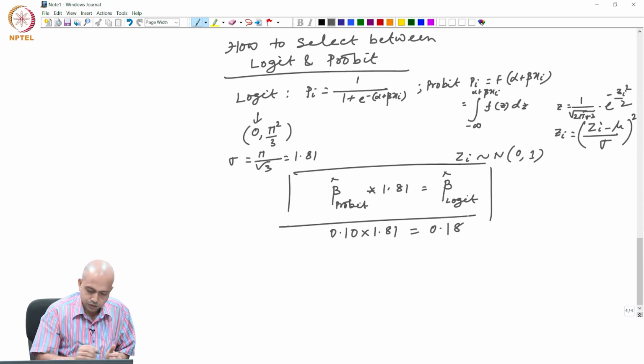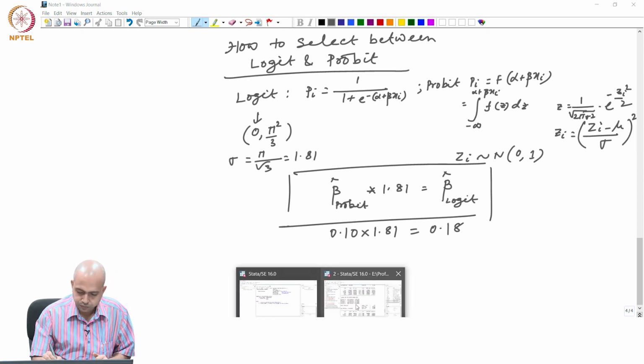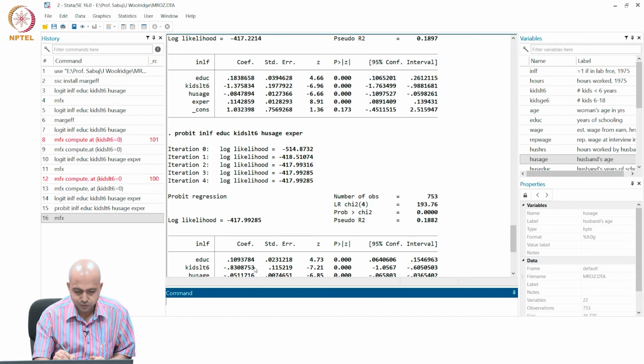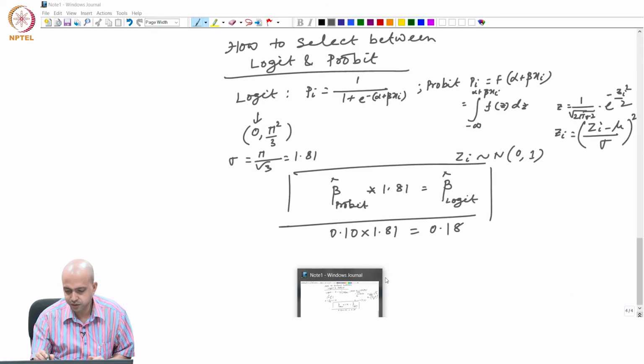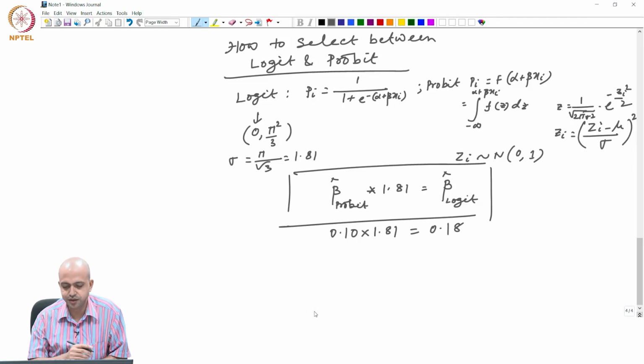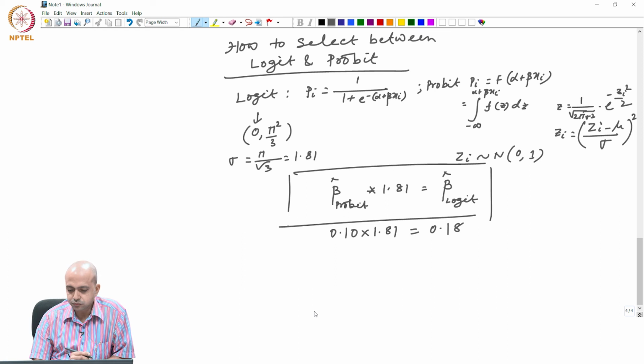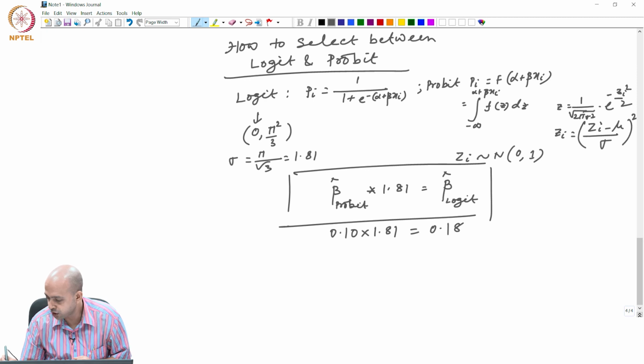So the Probit estimate is 0.10, and if you multiply that by 1.81, then you will get the Logit estimate. That is the idea. Now the question is, how do you select between the Probit and Logit model?